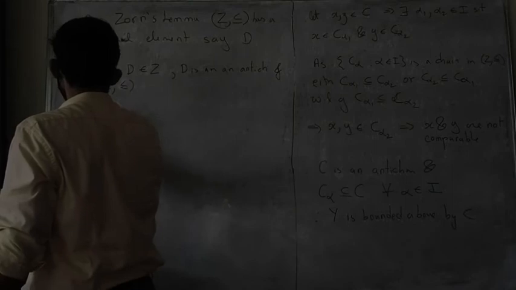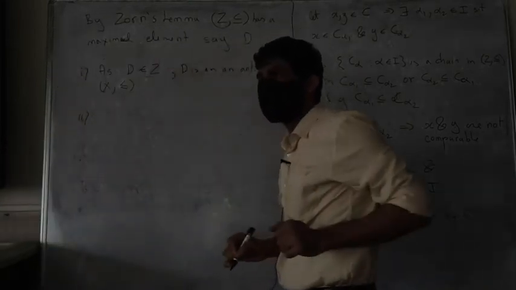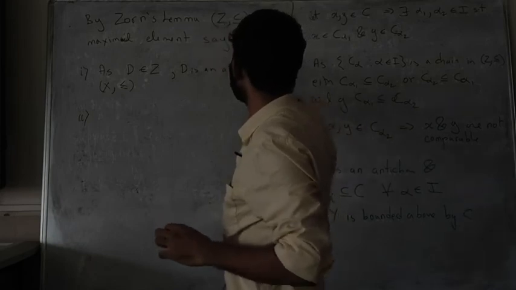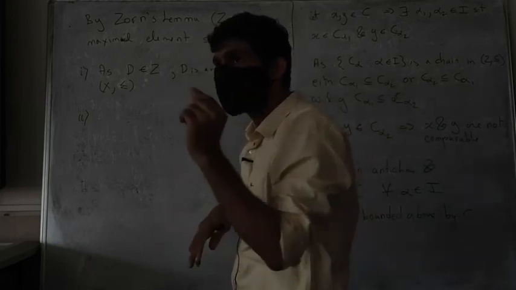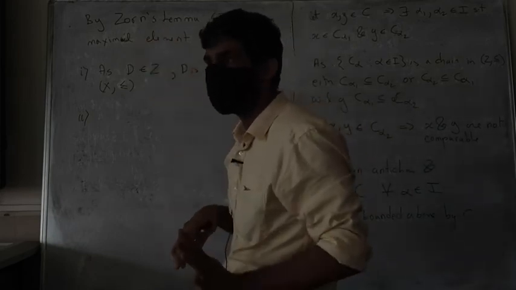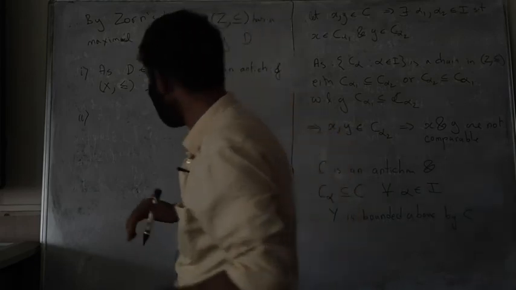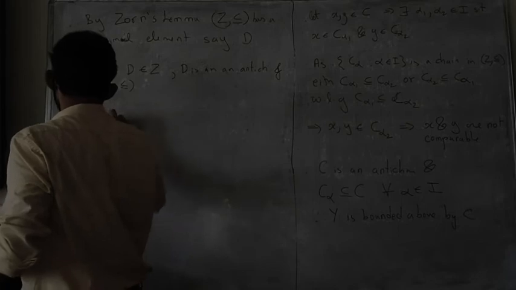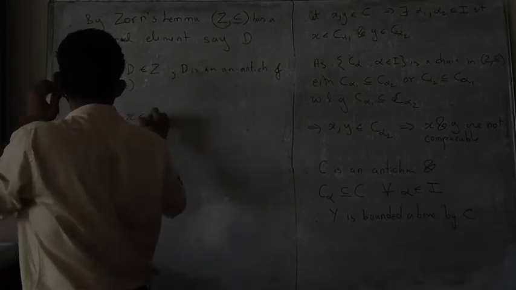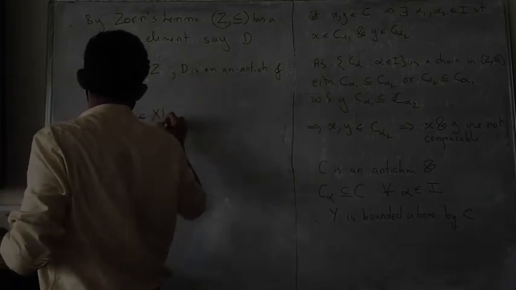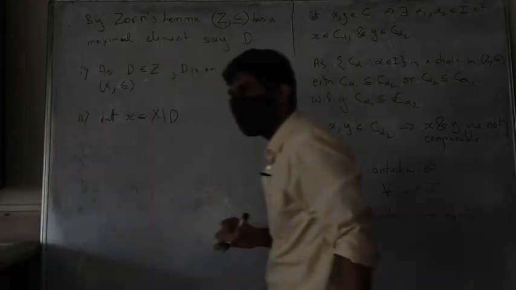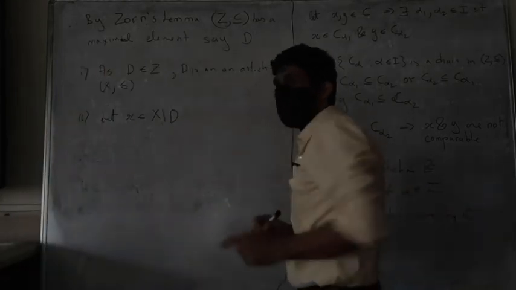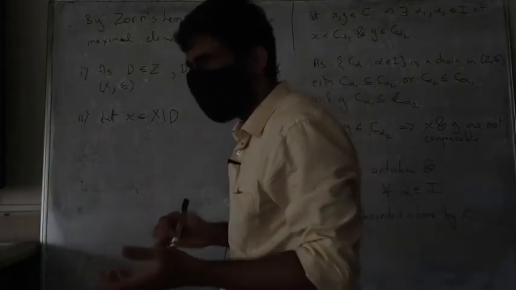The second thing I need to show is that if you give me any element outside of D, it should be related to some element in D. Okay, let's see why. Let us take an element, let X belong to X difference D. I need to say that it's related to some element in D. What if it's not? Then what happens?